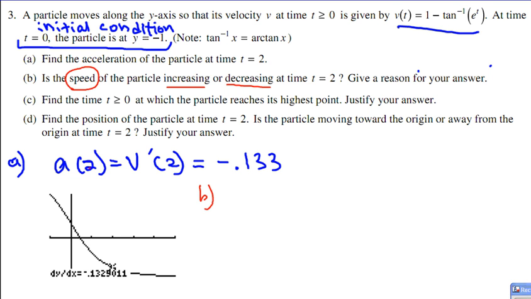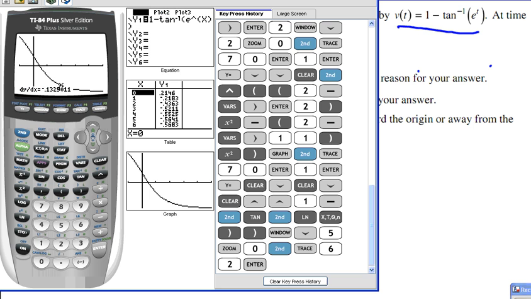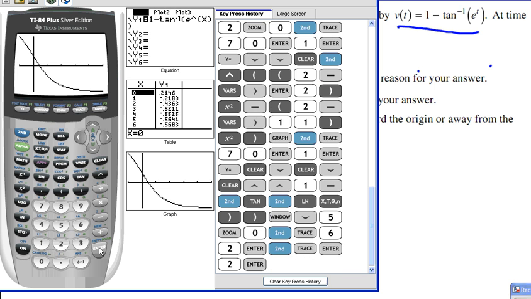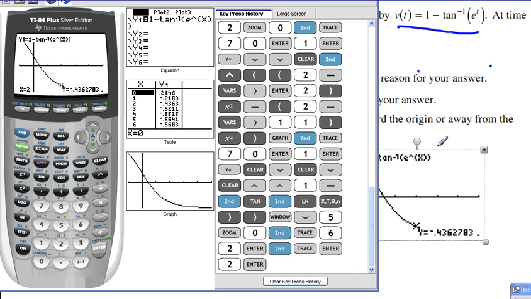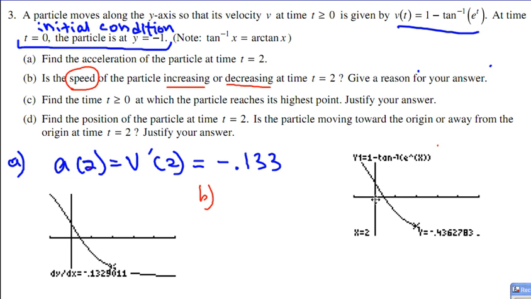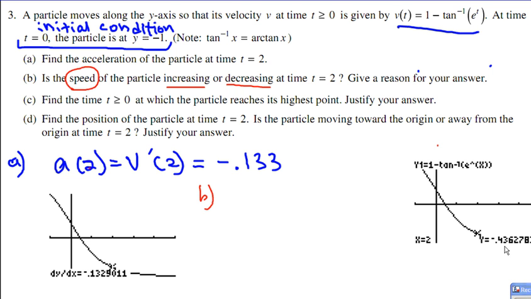How about the velocity? We're going to go here, value, and x equals 2. And you realize that velocity is negative 4.36. All right. Now we have to write down a reasoning for your answer. We realize that v of 2 is equal to negative 4.36.